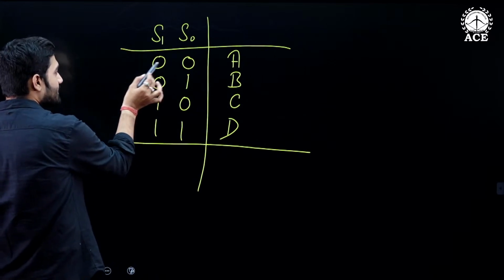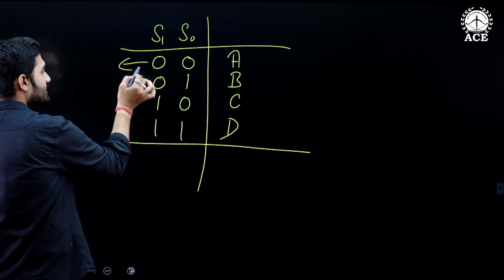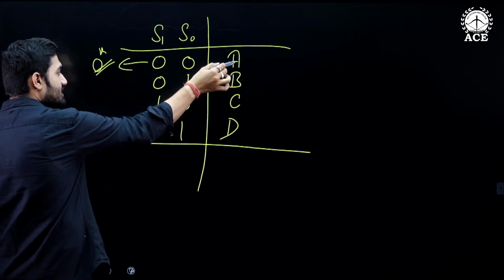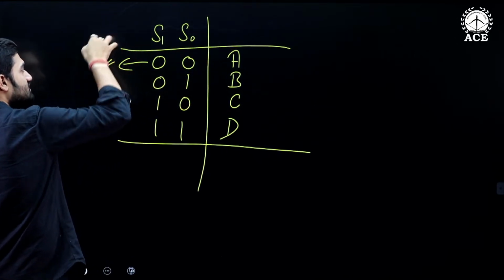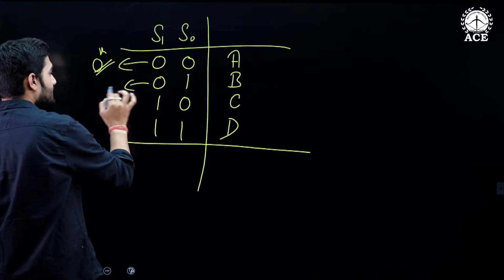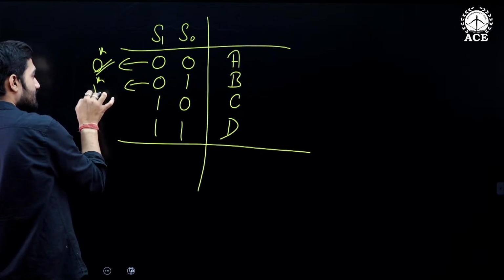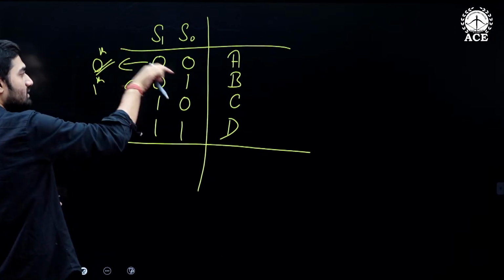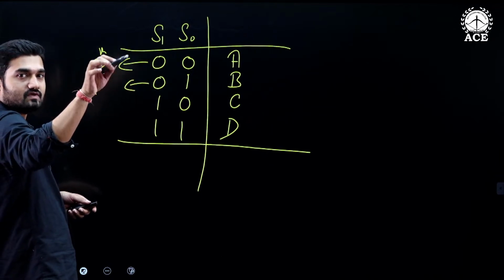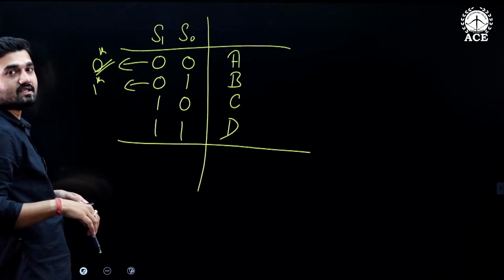Because when I am writing 0, 0, at every MUX the 0th input is going to be triggered, and every bit of register A is connected with the 0th input of every MUX. When I am writing 0, 1, the number 1 input present in all the MUXes is going to be triggered, and at input 1 the register B data is connected.